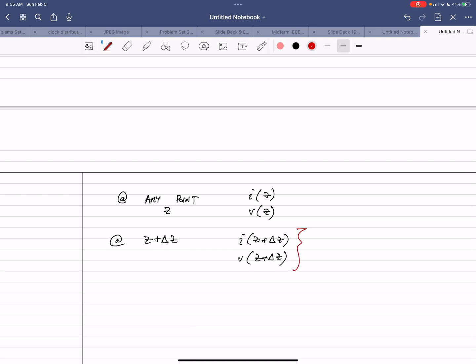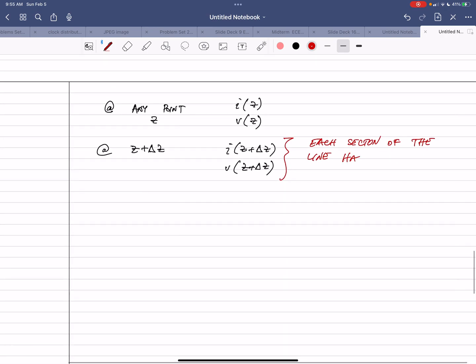We can say that each section of the line has an inductance and a capacitance. And again, we've ignored resistance for now.